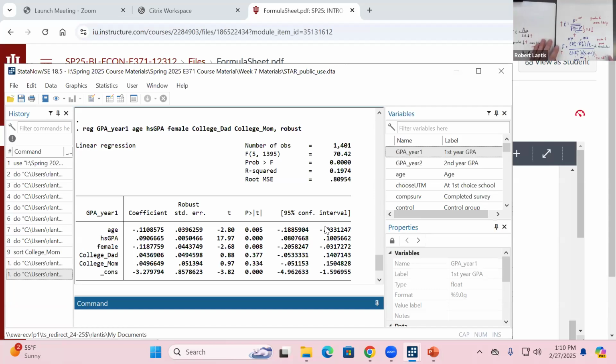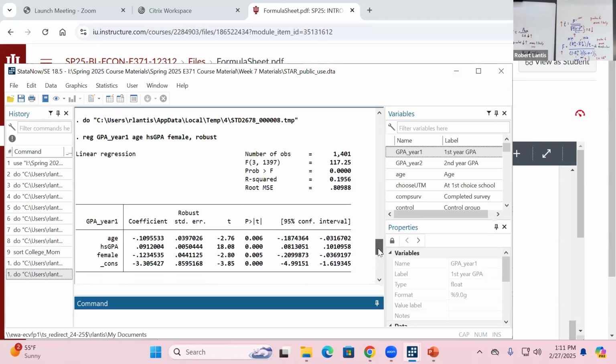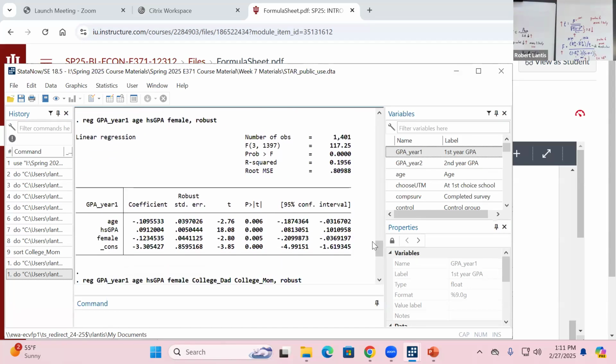Any questions on this before we keep moving? Think about it this way. If I have a restricted model, am I going to have more variables or fewer variables? If I restrict something, there's going to be fewer.